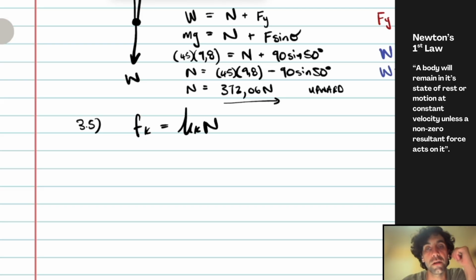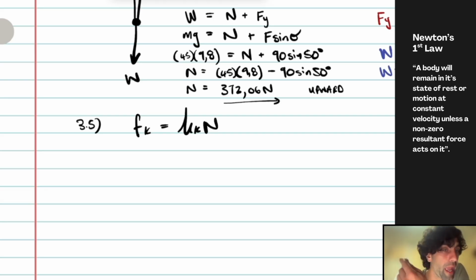So the coefficient of kinetic friction, which is associated with the symbol mu, has no units, and it is less than 1, so it will be a fraction like 0.2 or 0.4, and it is completely dependent on the materials that the object and the surface are made of. So that could be plastic and metal, or wood and rubber. These will all have different coefficients of friction.